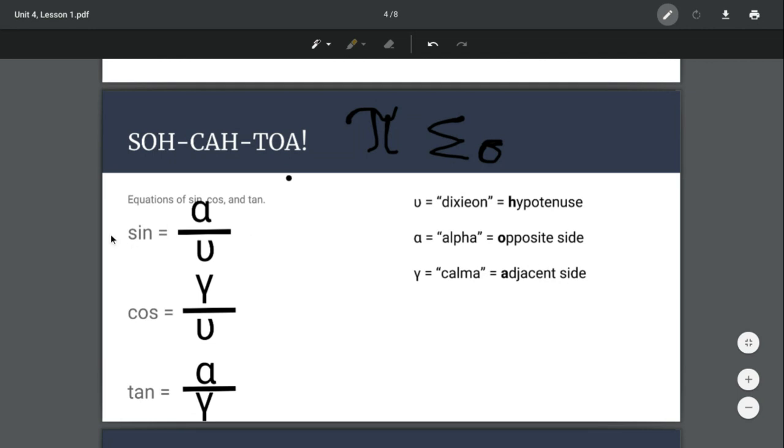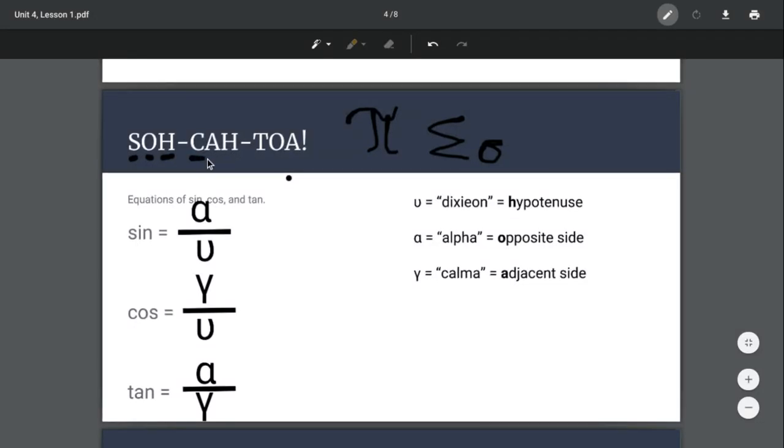So when you're doing sine, it's going to be alpha over the hypotenuse symbol, or opposite side over hypotenuse. And that's what this whole Sohcahtoa means. If you see sine, it's opposite side over hypotenuse. Then cosine is going to be gamma over the hypotenuse symbol, or adjacent over hypotenuse.